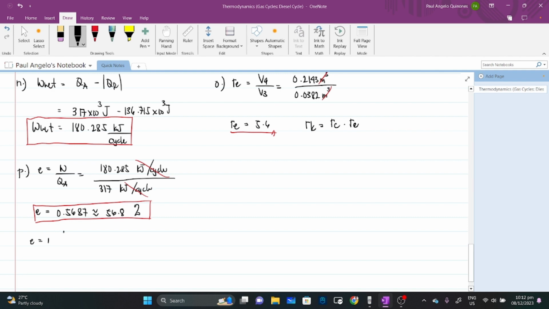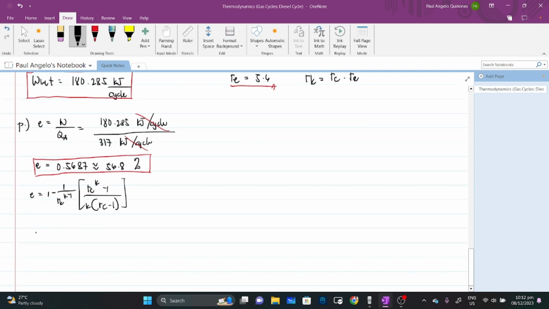Okay? So we can double check this one by using the simplified equation for efficiency, which is E equal to 1 minus 1 over RK raised to K minus 1, quantity RC raised to K minus 1 over K times RC minus 1. So we have 1 minus 1 over 14 raised to 1.4 minus 1, quantity cutoff, that is 2.5 raised to 1.4 minus 1 over 1.4 times 2.5 minus 1.